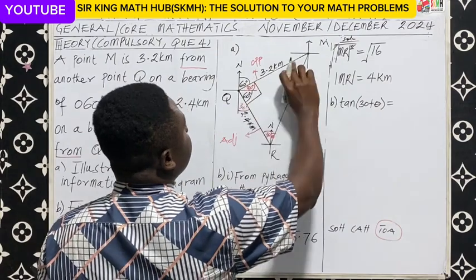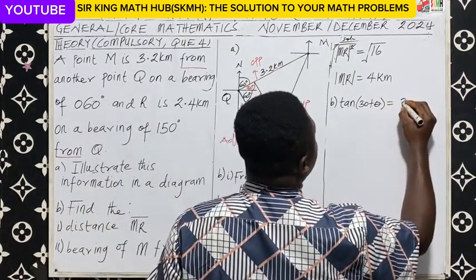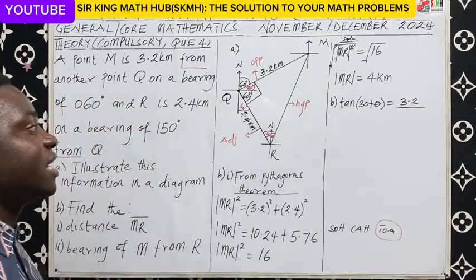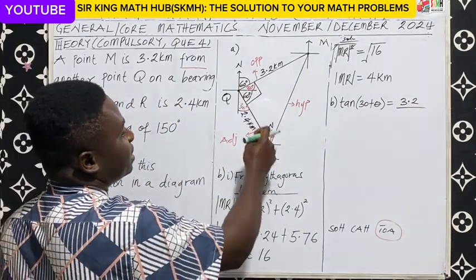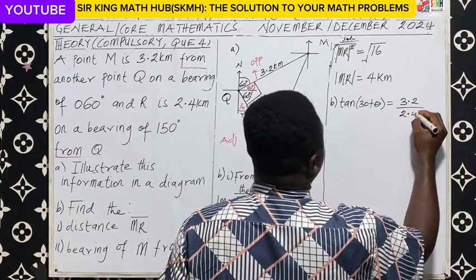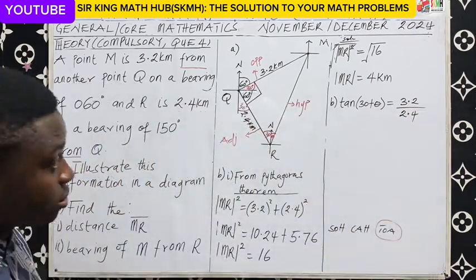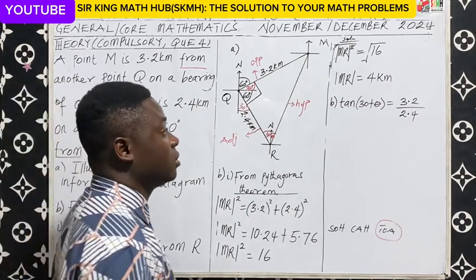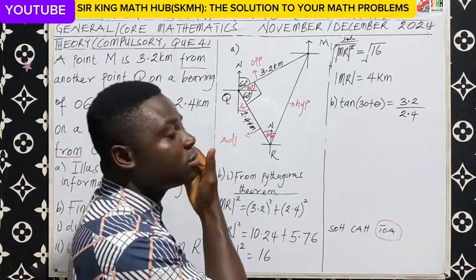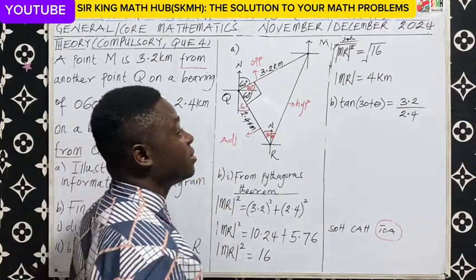So the opposite measures 3.2 kilometers divided by the length of the adjacent. So this side is the adjacent, measuring 2.4 kilometers. We are looking for theta. So what do we do? Let's do away with the tan by taking the tan inverse on both sides.